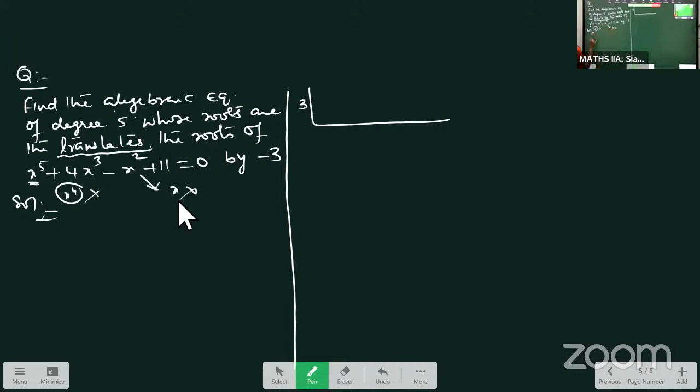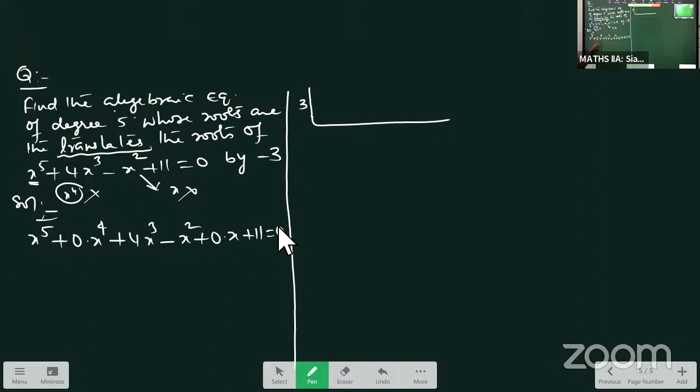So we write this question as x power 5 plus 0 into x power 4 plus 4x cube minus x square plus 0 into x plus 11 is equal to 0, because it should be in order. Power 5 should be there, after that power 4, after that power cube, after that square, after that x, after that 11. But it is not given here. Some of the terms are skipped over here.